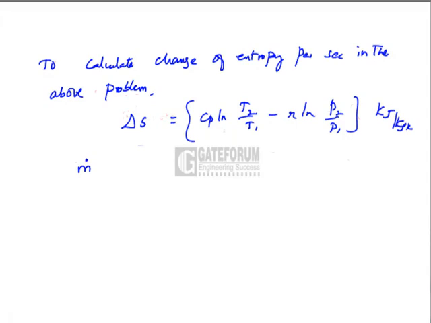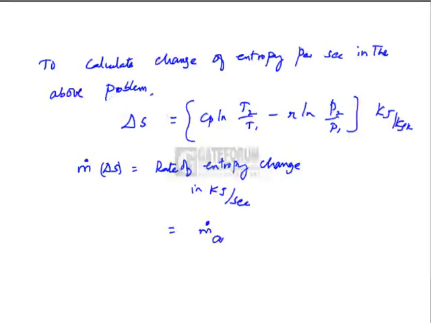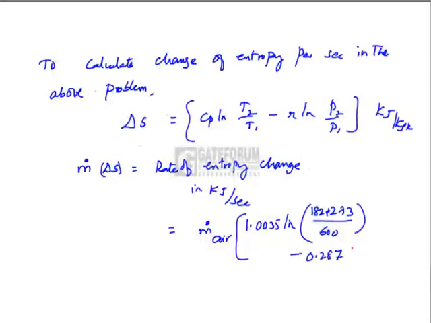Multiplying both sides with the mass flow rate, mass flow rate into delta S, that is rate of entropy change in kilojoule per second, is equal to mass flow rate of the air into Cp of air, which is given as 1.0035, into natural logarithm of (182 plus 273), that is T2, divided by 600, minus 0.287 into natural logarithm of 100 kilopascal divided by 400 kilopascal.